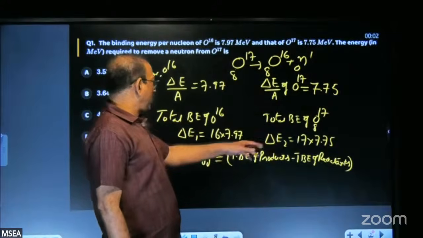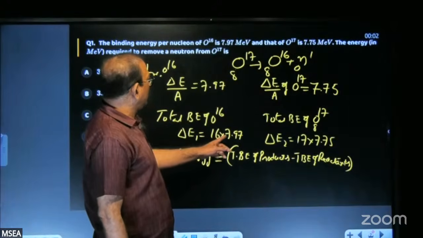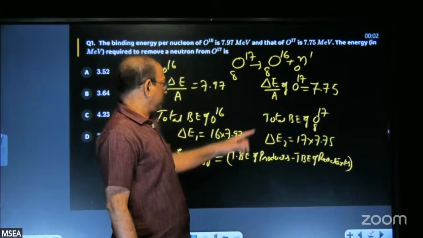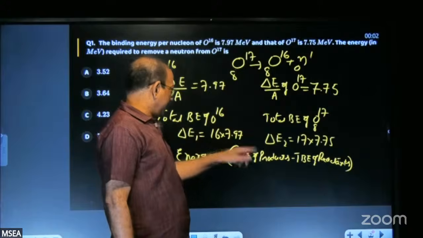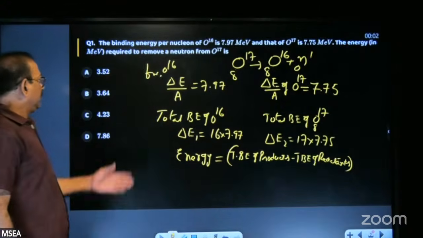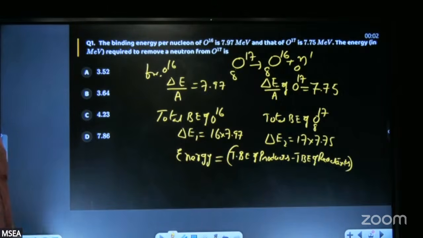Total binding energy of product means 16 into 7.97, product oxygen 16. This minus 17 into 7.75. That is the answer for this.